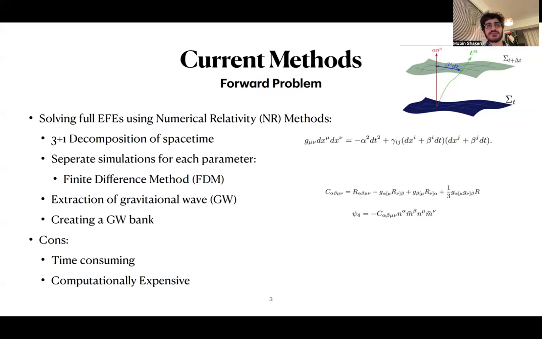There are many sophisticated approaches, but one very straightforward way is to use the Newman-Penrose psi-4 scalar to get the gravitational wave, and then we can create a gravitational wave bank from the results. The downside of this approach is that it is very time consuming and computationally expensive.